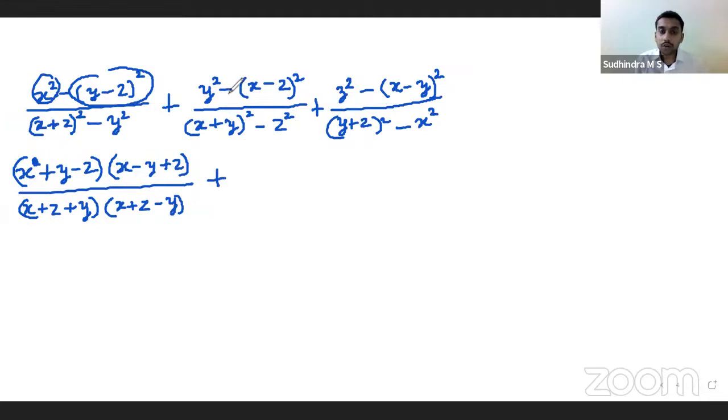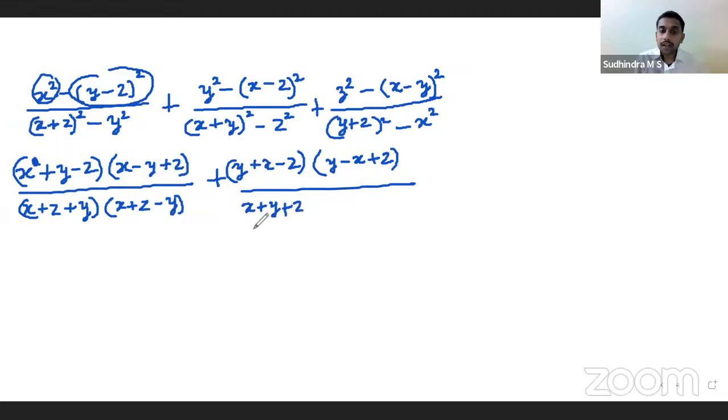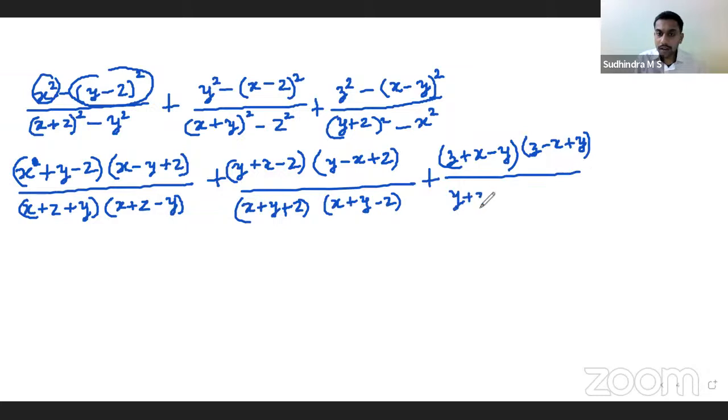Same way for the other two. a square minus b square: y plus x minus z into y minus x plus z, divided by x plus y plus z into x plus y minus z, plus z plus x minus y into z minus x plus y, divided by y plus z plus x into y plus z minus x.